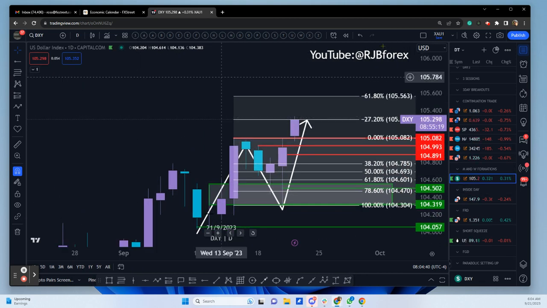Now, having said that, we have come up already into the minus 27.2, which is a first target.